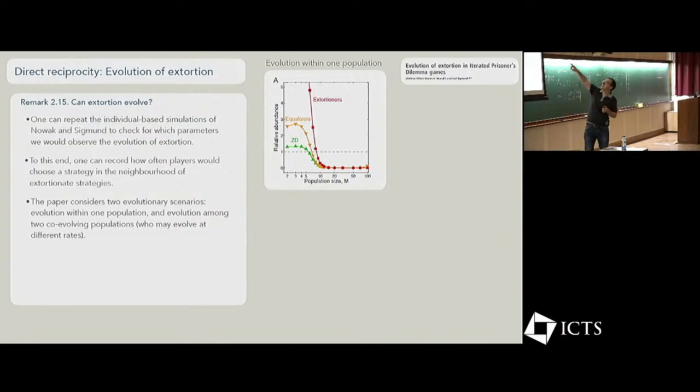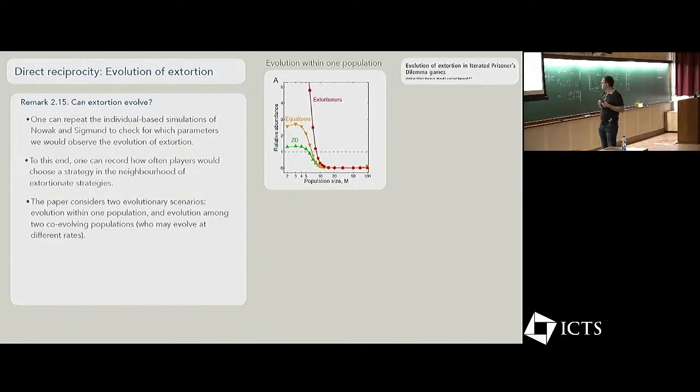If this relative abundance is larger than 1, you visit this neighborhood more often than you would expect under neutrality. So that's what this graph means. And what you see here is that if the population size is very small, extortionists can evolve. But if the population size becomes larger, then usually you don't see extortion.